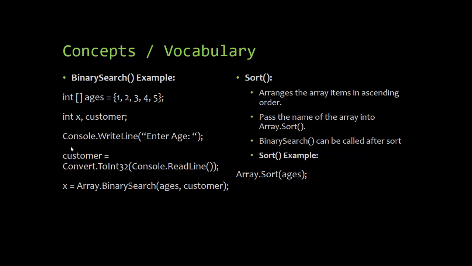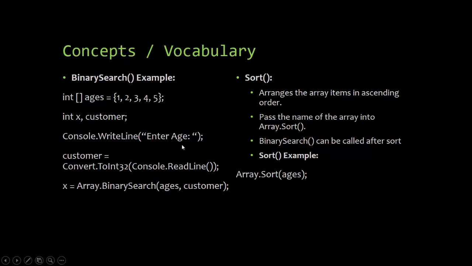To arrange the elements in ascending order, we can use the sort method. It looks like Array.Sort, which is the Array class Sort method, and inside the parameter we put the ages array or whatever array we're working with.